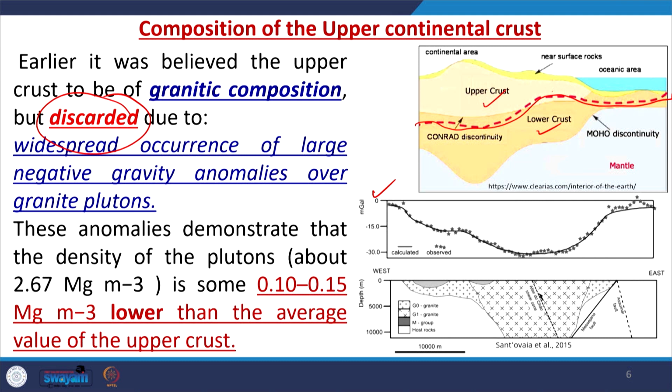Now if you see here, we have a granitic intrusion, that is a granitic pluton, and we carried out this gravity survey. That means we are taking the gravimeter from here and moving this way. Once we approach the granite body, you see the gravity value gradually going down, and once we go away from it, it again approaches normal.